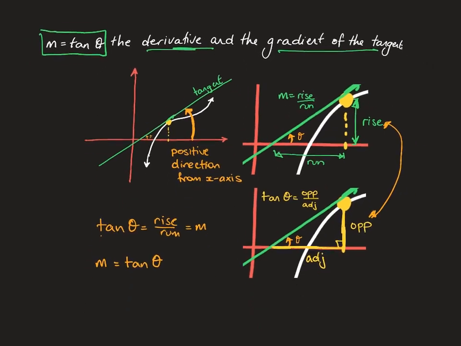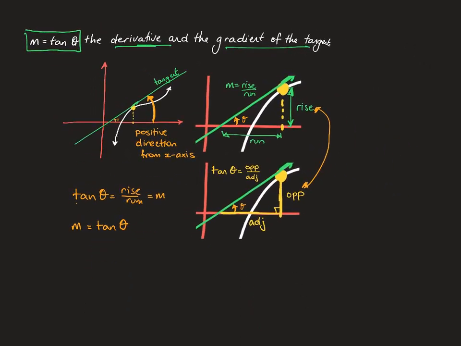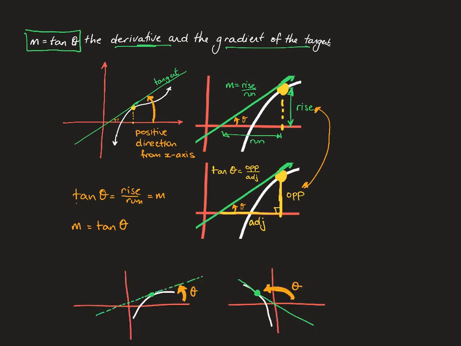So even if our tangent touches the x-axis in a different quadrant down in the negative section of the graph, such as the one here, the angle is still measured in a positive direction from the x-axis. So we're still measuring it in this direction here.